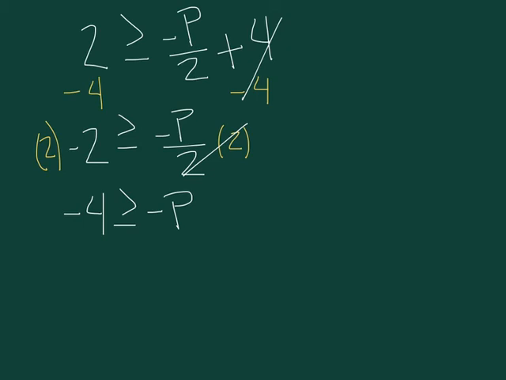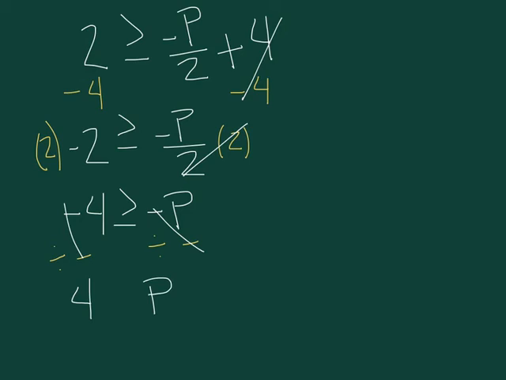Now, in order to get this negative gone next to the p, I'm going to divide both sides just by a negative symbol. You could think of it as dividing by a -1 if you prefer. Negative divided by a negative is a positive, so that gives us 4. Negative divided by a negative is a positive, giving us just p. But since we divided by a negative, it flips the sign.